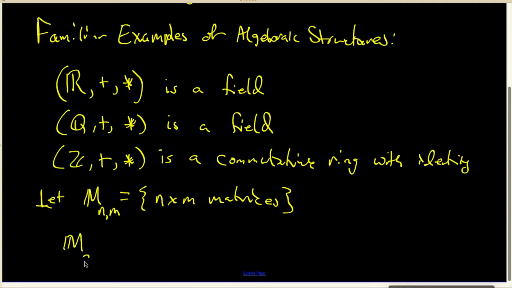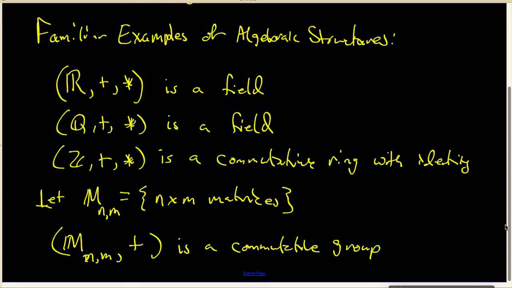It turns out that this particular set under its addition is something called a commutative group. Now, we can't multiply rectangular matrices of the same size together. In other words, I can't multiply a 2 by 3 matrix by another 2 by 3 matrix.